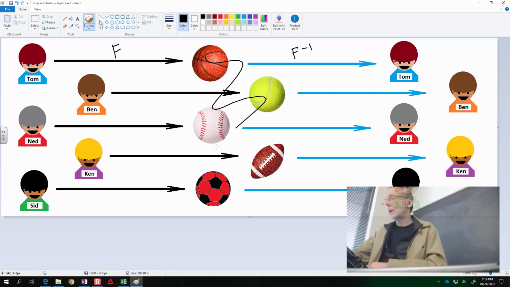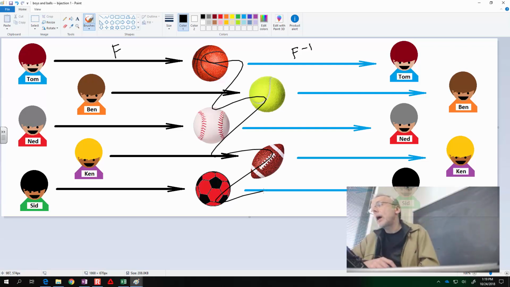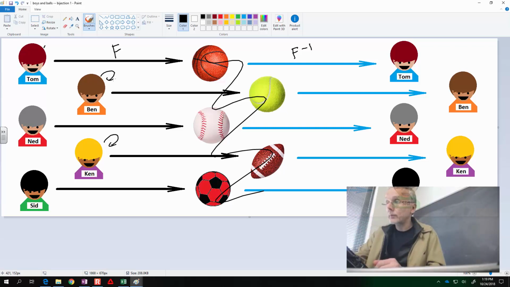So if we forget about the intermediate stop, then what we end up with is a special function that has no effect, it doesn't change anything. If you think in terms of arrows, the arrows pretty much circle like this.